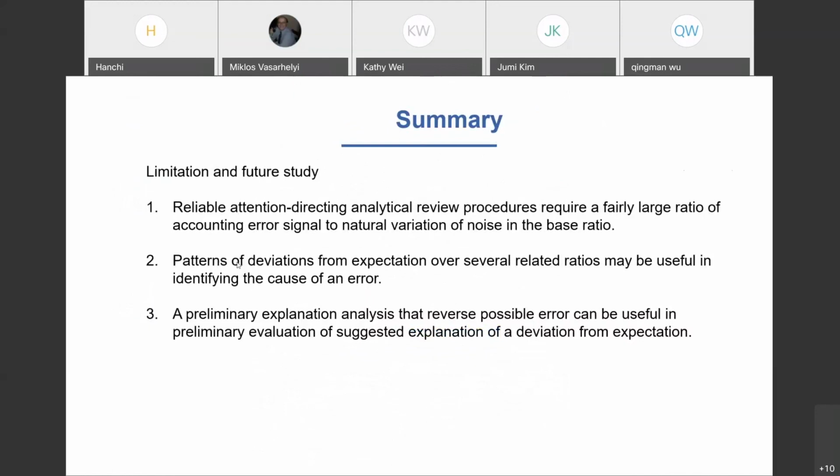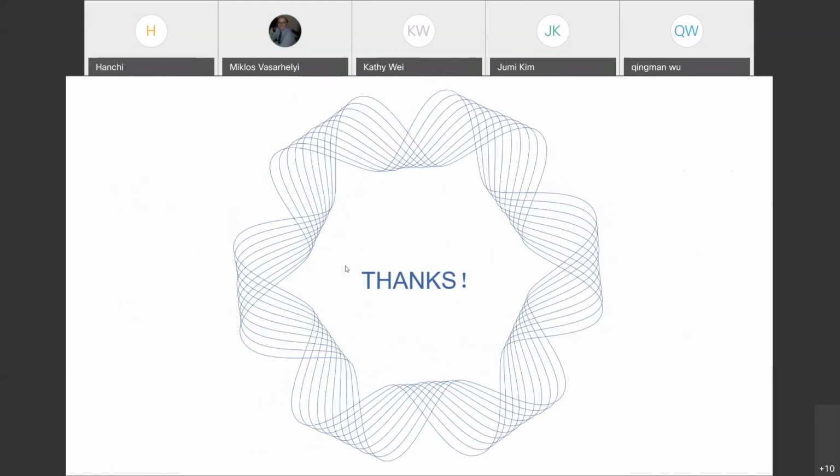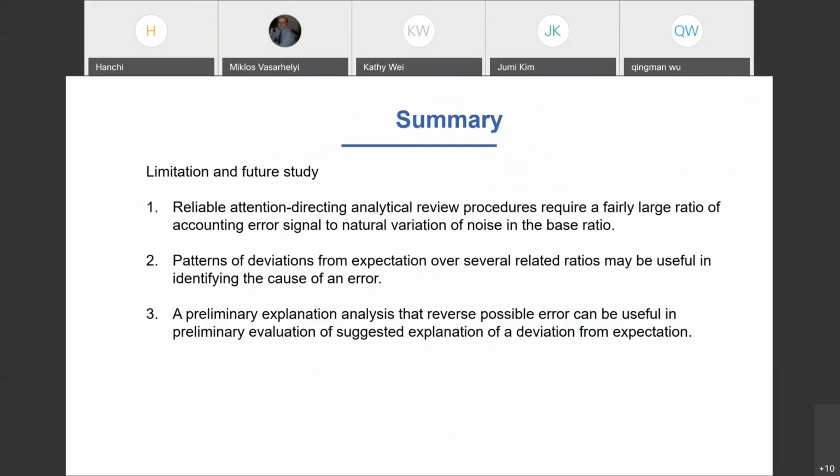The pattern of deviation from the expectation over several related issues may be useful in identifying the cause of the error. And the last one is that a preliminary explanation analysis that reverses possible error can be useful in preliminary evaluation of the suggested explanation of the deviation from the expectation.